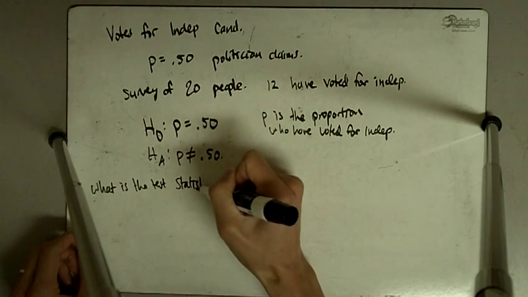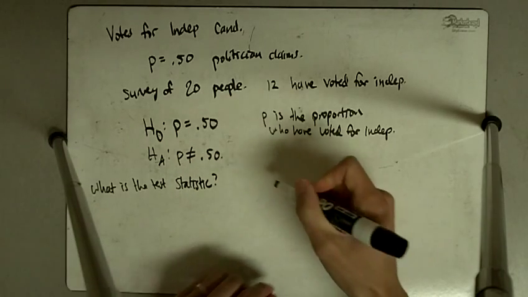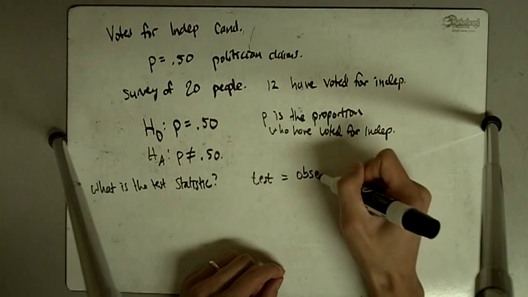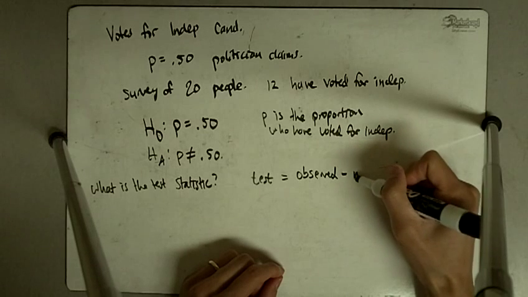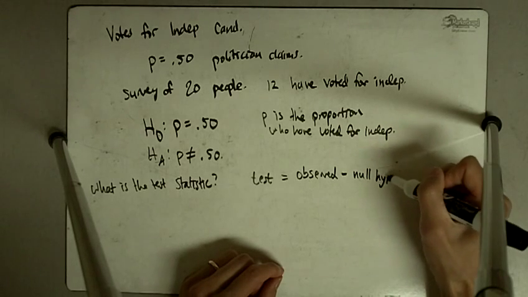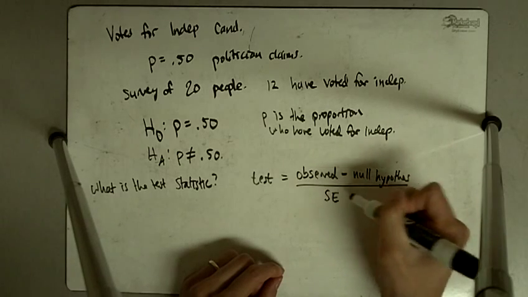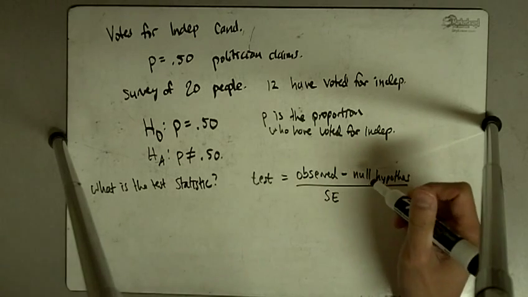So our test statistic is really just what we observed, minus what we proposed in our null hypothesis, divided by the standard error. What did we observe?